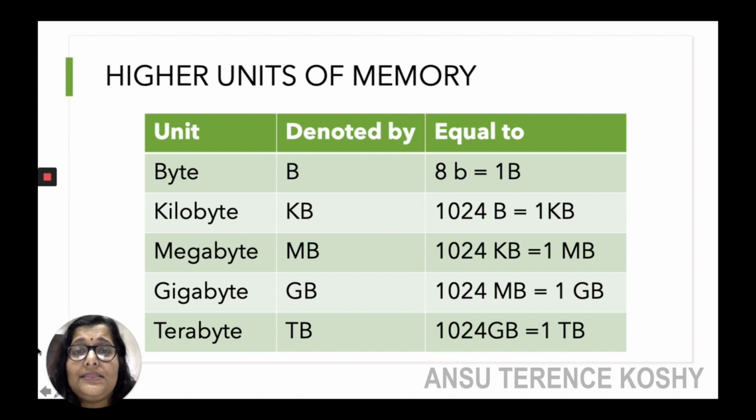The next one in the series is gigabyte, which is denoted by GB. 1024 megabytes is equal to 1 gigabyte. The last one in the series is terabyte, TB. 1024 gigabytes is equal to 1 terabyte. There are even higher units of memory than this, but for now, let's study up to terabytes.